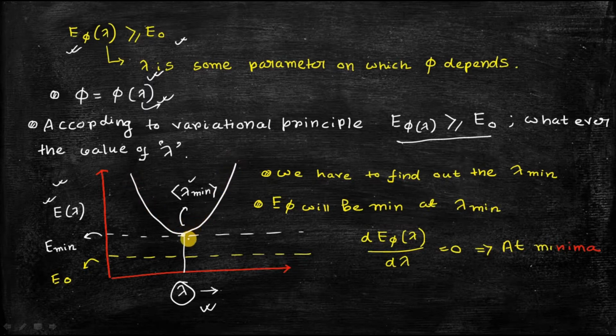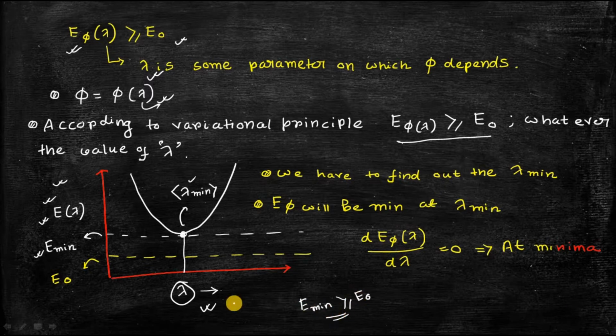What we have to do is determine the minimum energy, that is, the value of lambda at which the energy of the trial wave function is minimum. Suppose this is the minimum energy. This E minimum will always be greater than or equal to E0.